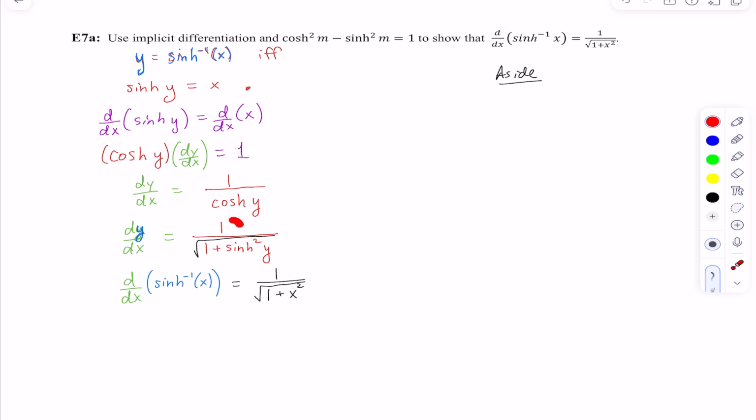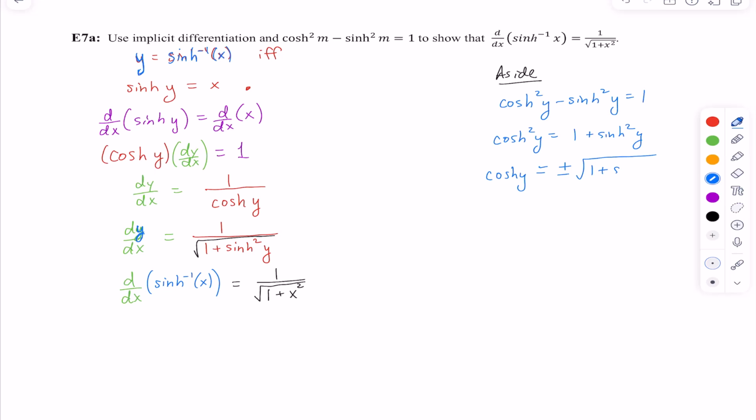You're probably wondering, where did this square root come from? But we already know that the hyperbolic cosine function is positive.